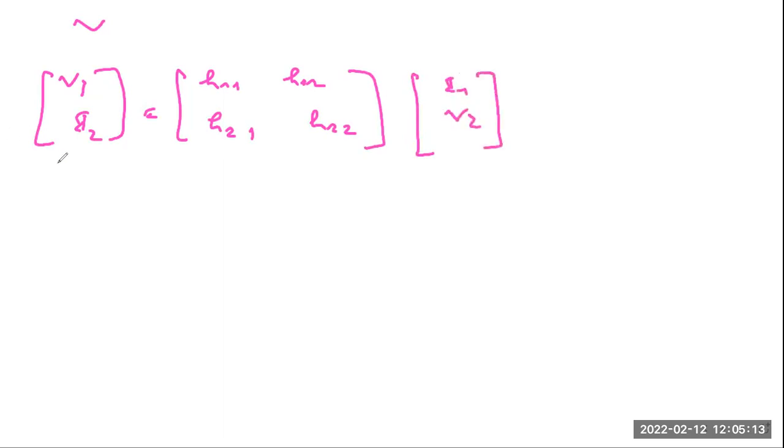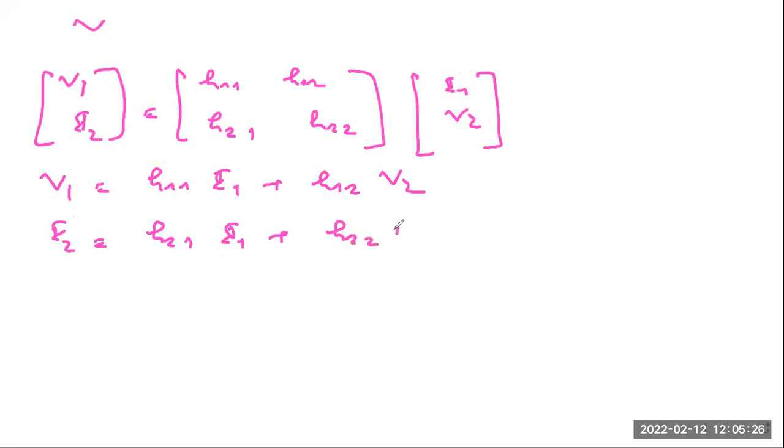This way you can remember it. V1 equals H11 into I1 plus H12 into V2, and I2 equals H21 into I1 plus H22 into V2. So how to calculate these parameters?